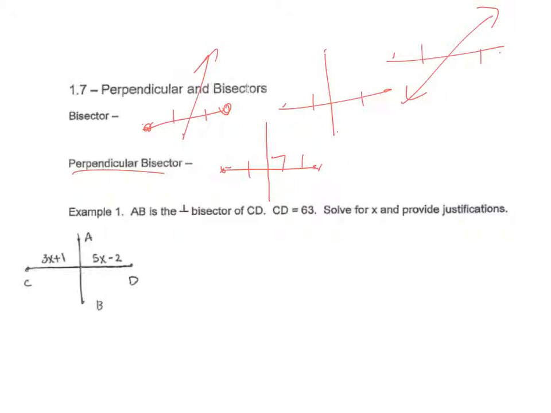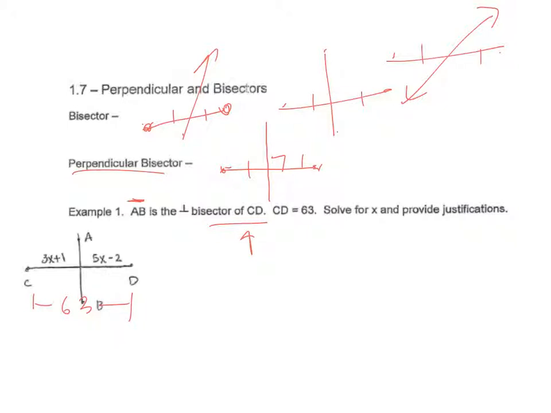Okay? So example 1 is AB, and that should have a mark over it, is the perpendicular bisector of CD. That means that CD is being cut in half. Not AB, CD is. So if CD equals 63, so I'm going to draw that in, solve for x and provide justifications.